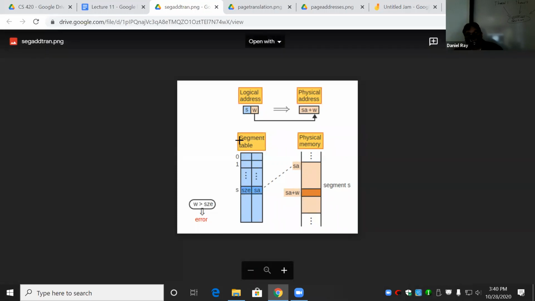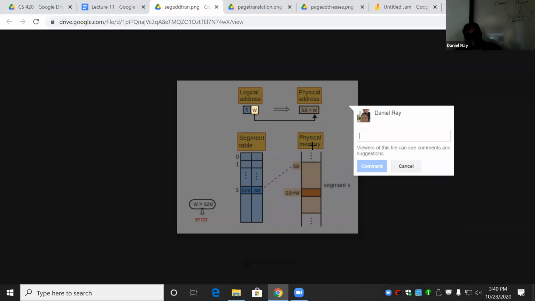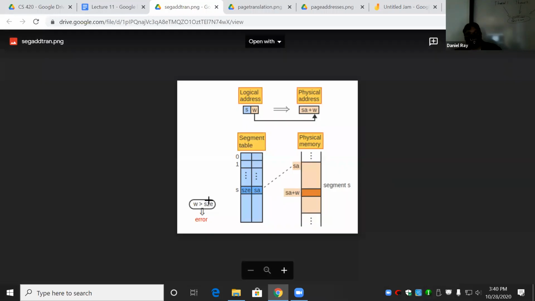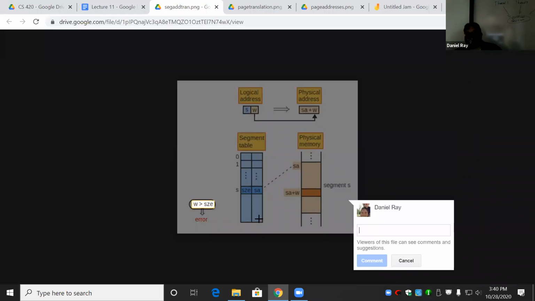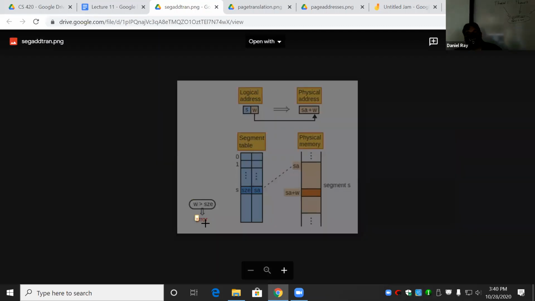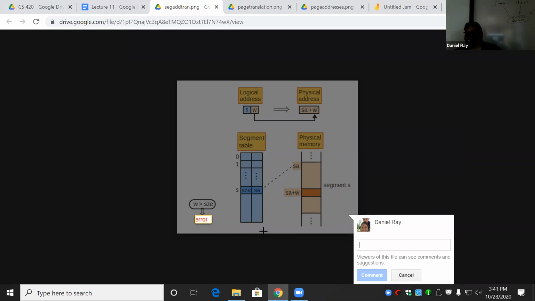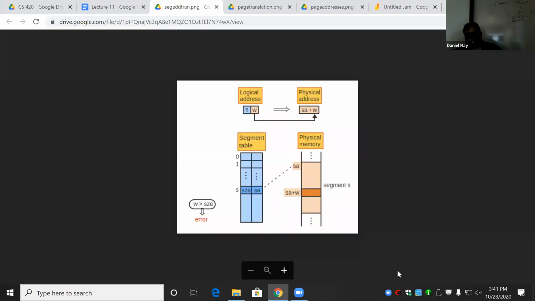If the offset that you are looking for inside that segment is bigger than the size of the segment, that means you are looking past the end of the segment, in which case you get a segmentation fault. An error is thrown. So if you're looking in the heap for something that you dynamically allocated, and you go past the end of the heap, past the segment that encloses it, then you get a segmentation fault as a result.